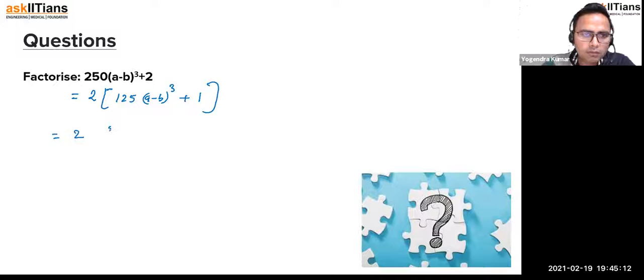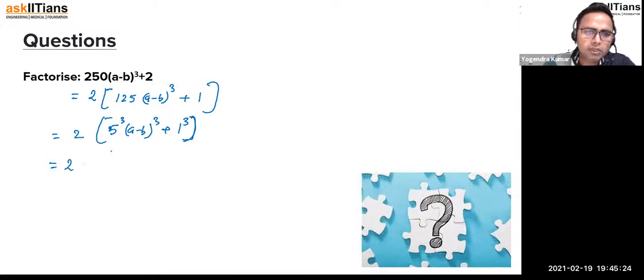Now here 125 is like 5 cube. So (a minus b) cube plus 1. 1 cube we can do. 1 cube is what? 1 only, right? So this is what you need to be careful about. Wherever you have 1, you can write any power here, right? It doesn't matter. So (5a minus b) whole cube plus 1 cube.